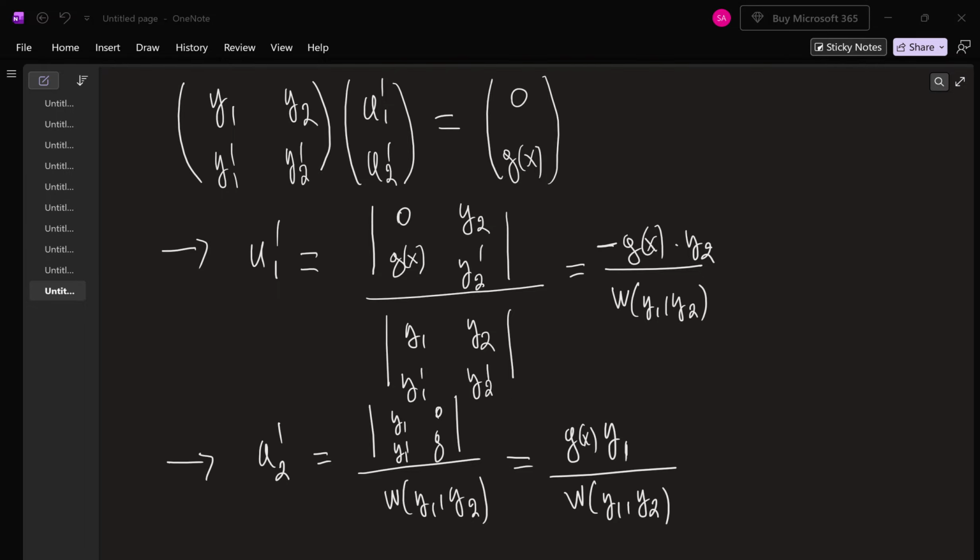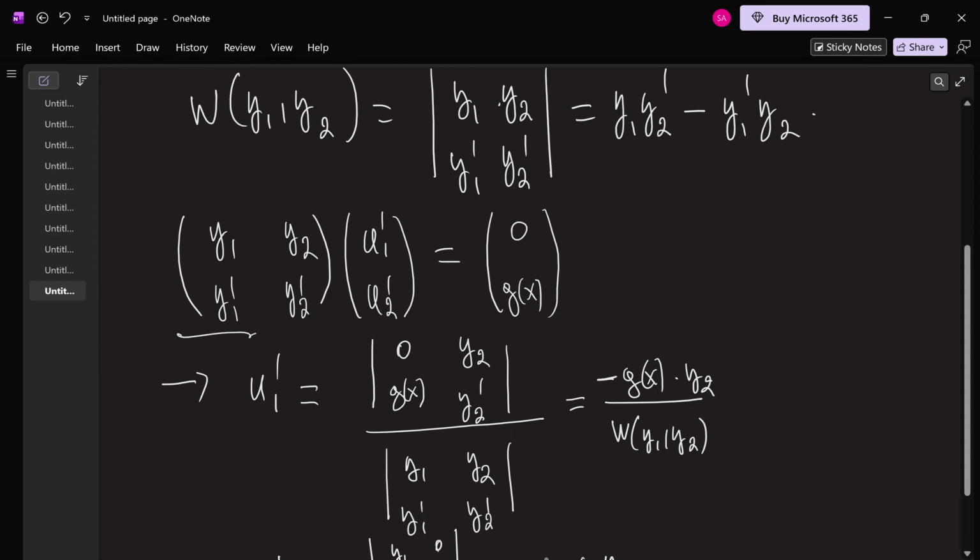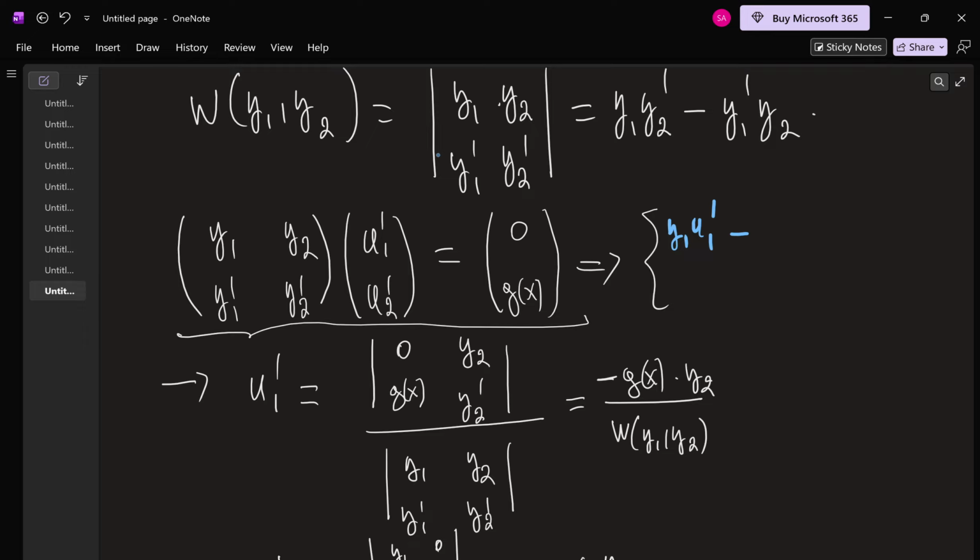Let's do the multiplications here. We are at this step. If you do the calculations, what does this give you? I will change the color to blue. It will give you y1 times u1 prime plus y2 times the second one, which is u2 prime, equal to 0.